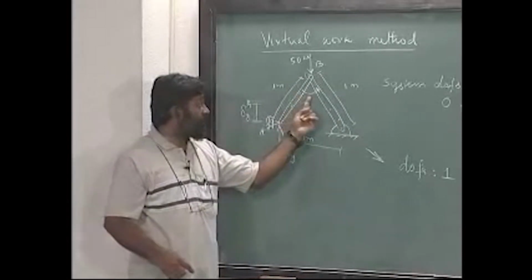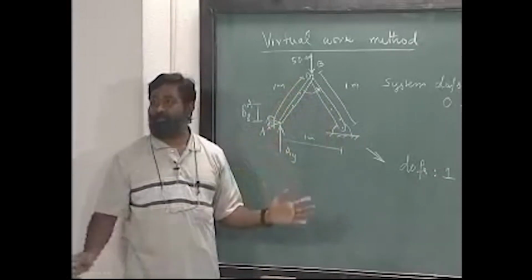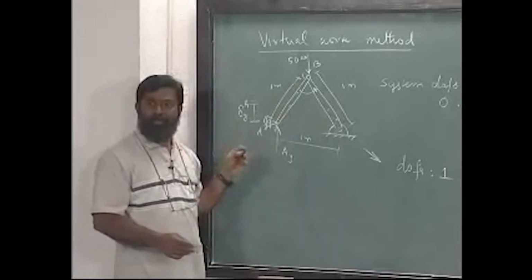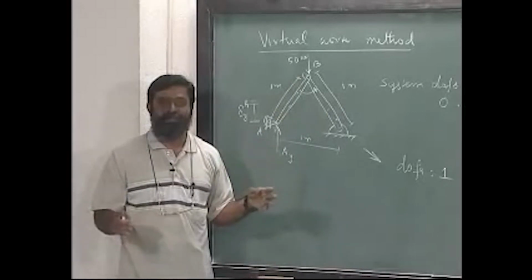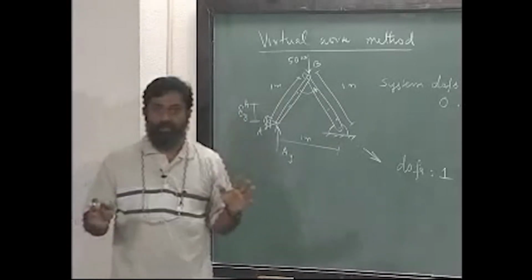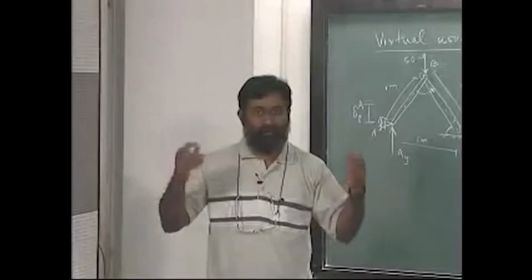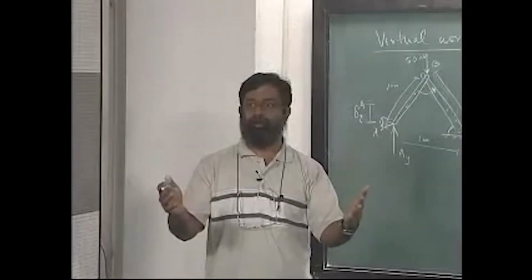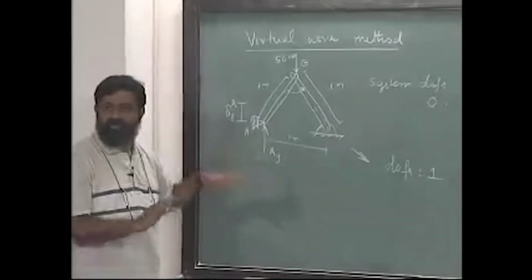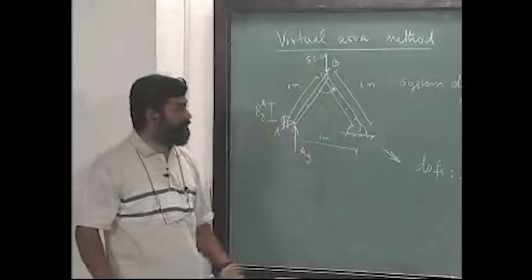If I specify this angle, then every point of this can be found out. So, it is a matter of choice, and the moment we have choice, we also have a problem: which one? That is basically the crux of the problem. Many times we do not recognize that this is a degree of freedom that I can use, but any one of them that you use, you will get the proper kinematically admissible displacement.